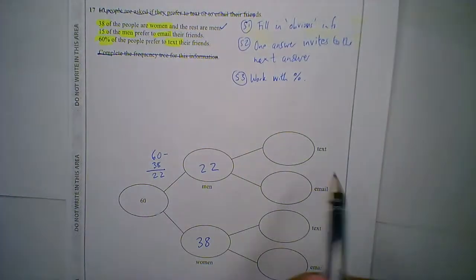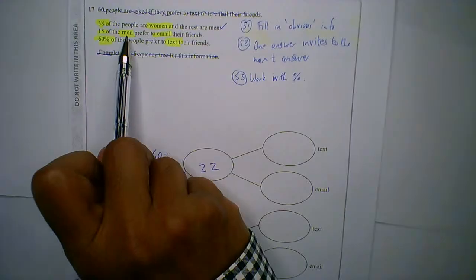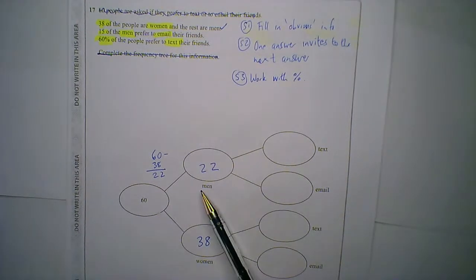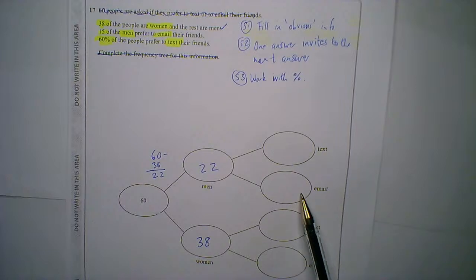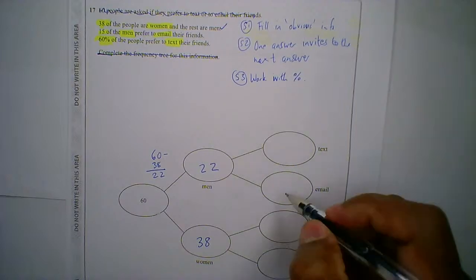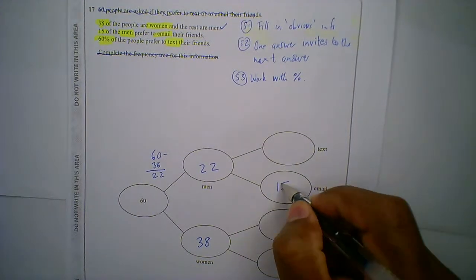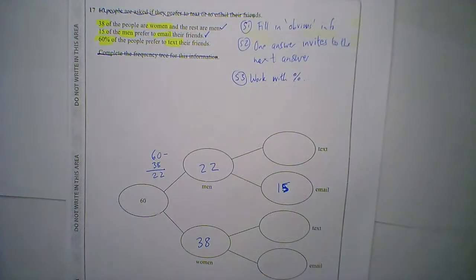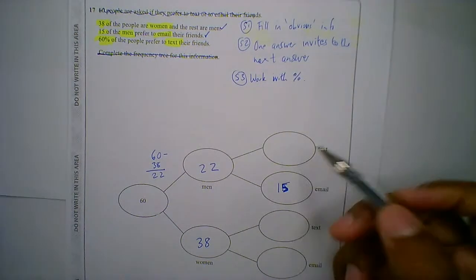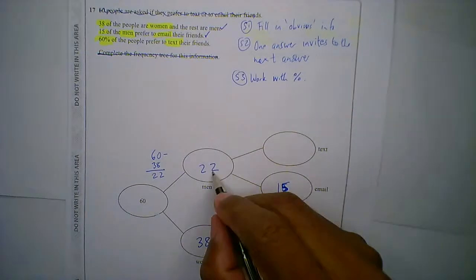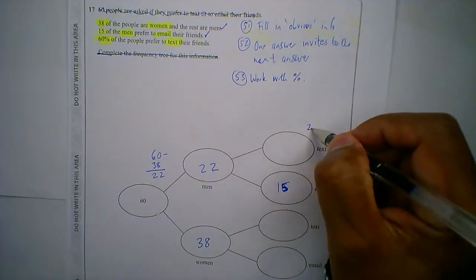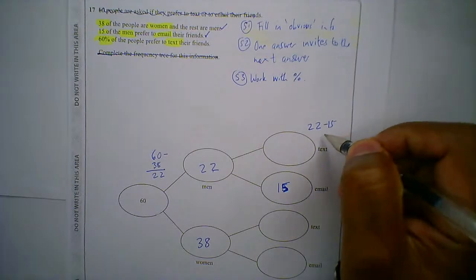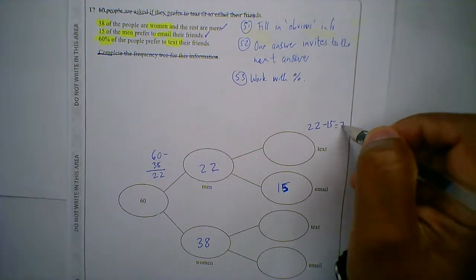Second sentence, 15 of the men prefer to email their friends. So from men, I'm looking for email. So email, 15 is what goes here. Oops, 15. So my second sentence is done. And now I can fill in this circle here, which is going to be 22 take away 15, which gives me 7.